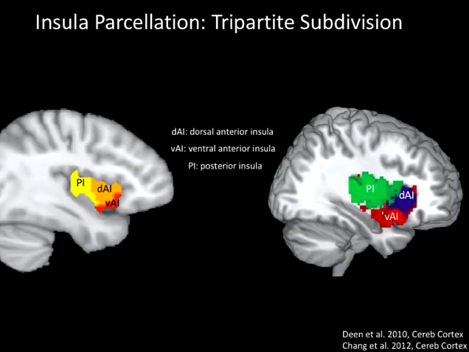There are other insula subdivision papers using resting state fMRI that have shown different solutions, but this is one that I saw in 2 papers, so I thought, well, at least 2 papers have converged on this.